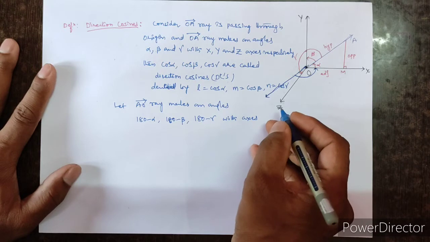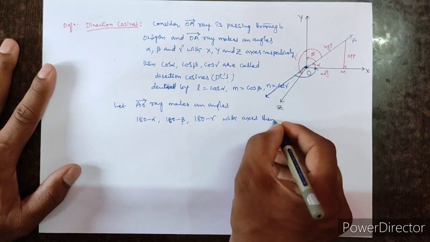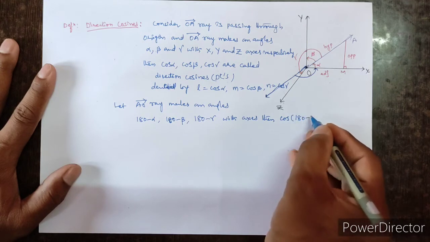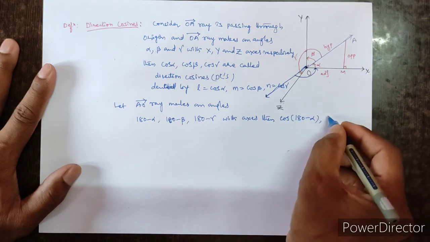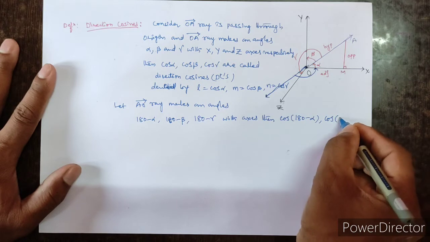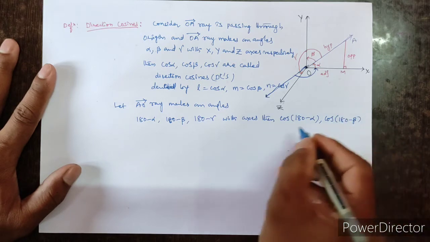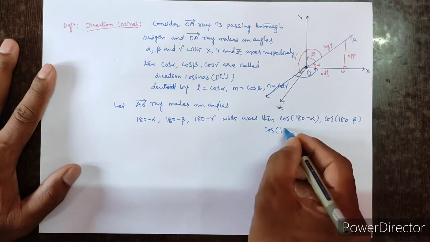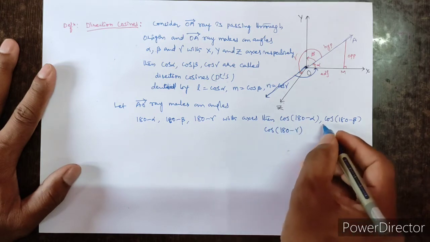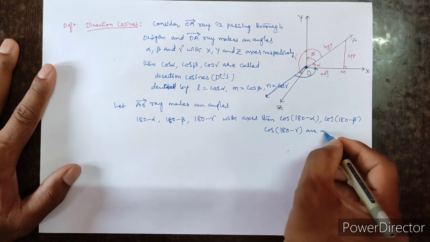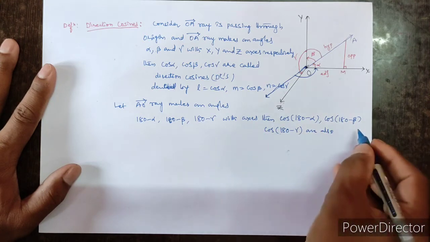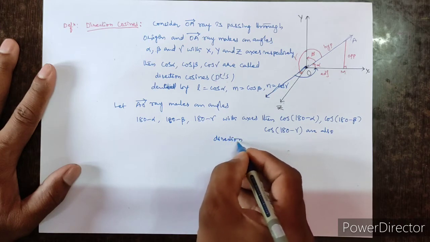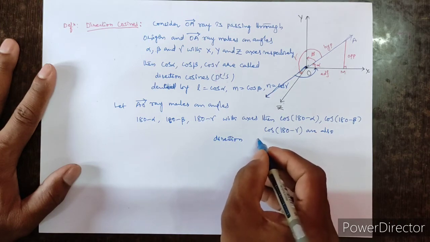Then cos 180 minus alpha, cos 180 minus beta, cos 180 minus gamma are also direction cosines.